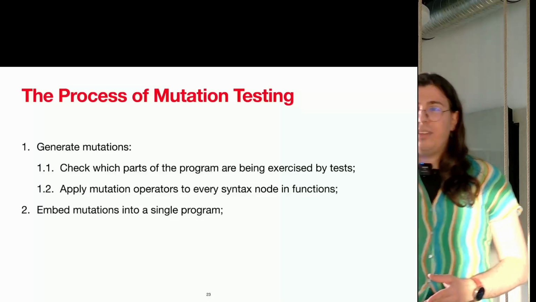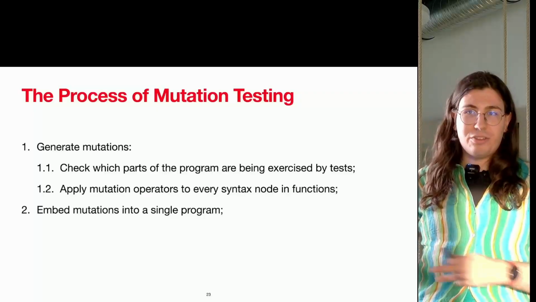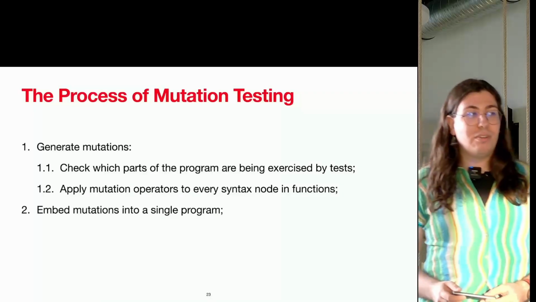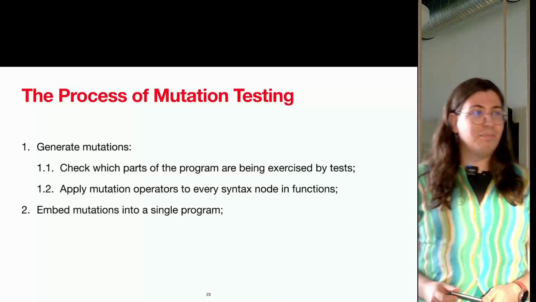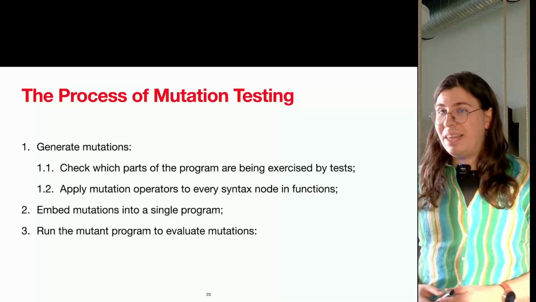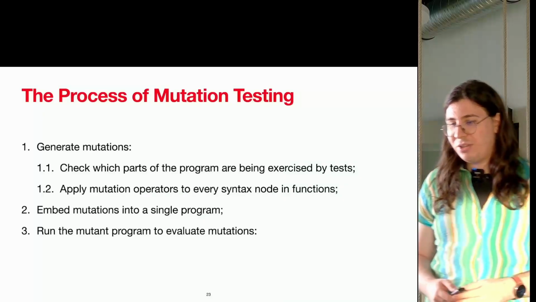Once we've generated these mutations, and we've not written them anywhere so far, we just have this in-memory representation of them, we can start embedding them into a single program, compile it once, and run this mutant program to evaluate the mutations.